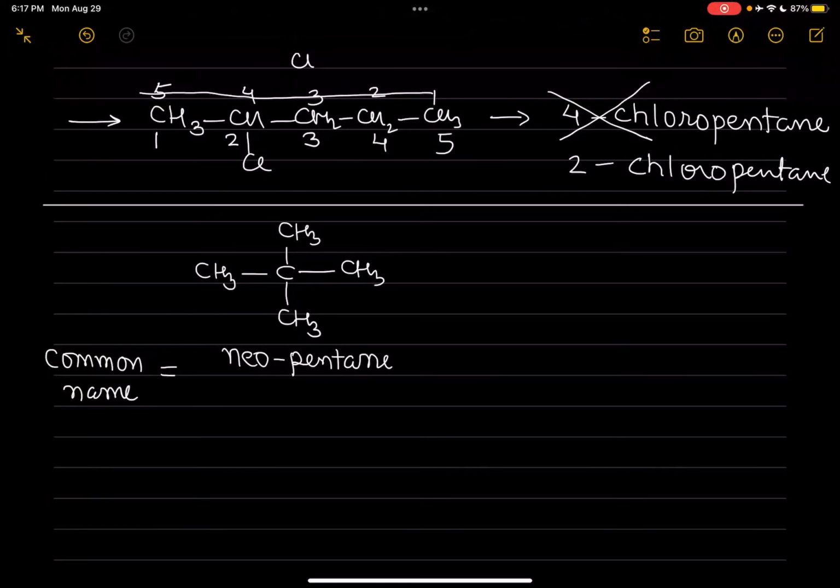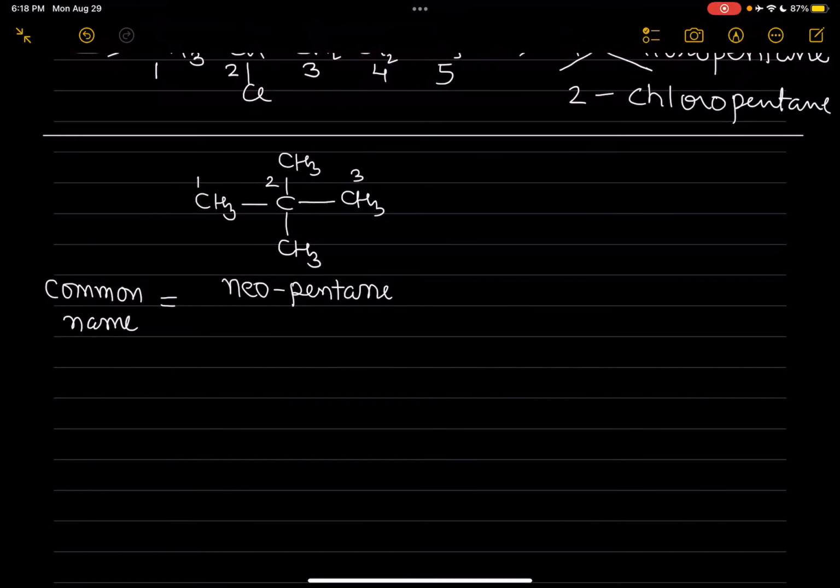You can start the numbering from one end to the other: 1, 2, 3. It is the same from both sides because the 2 methyl groups are in the middle. So this is the main chain, known as the parent chain.